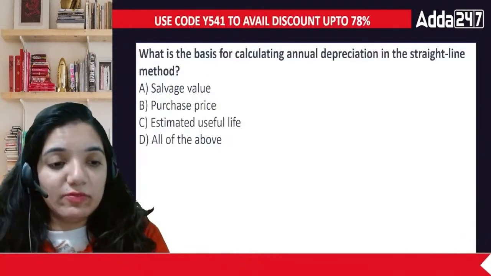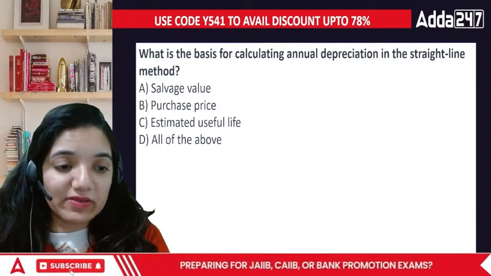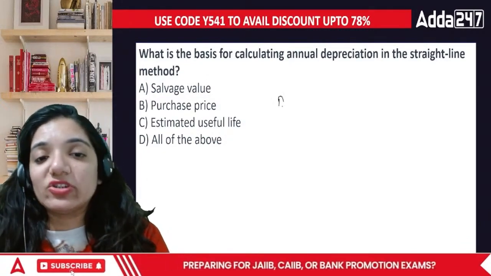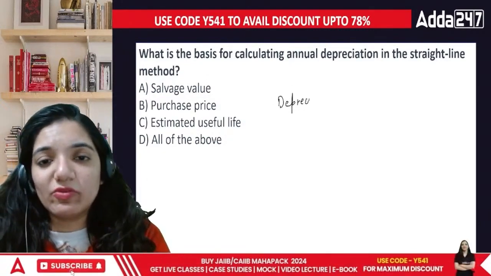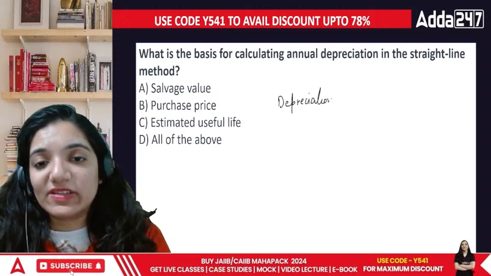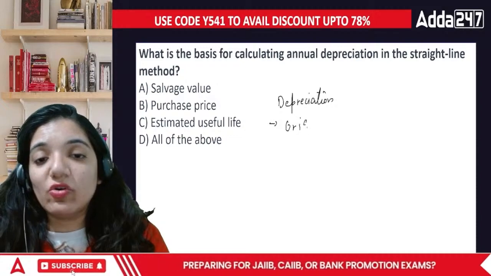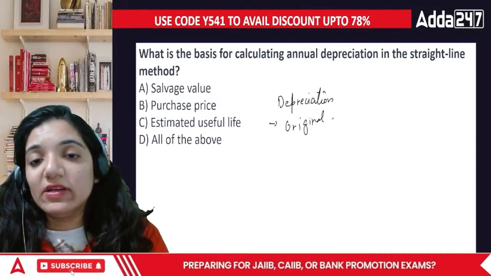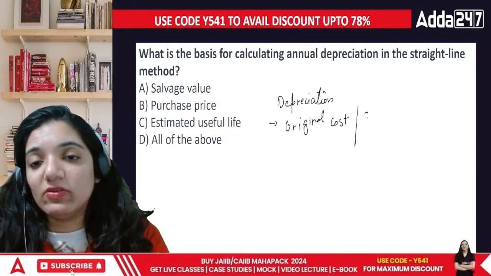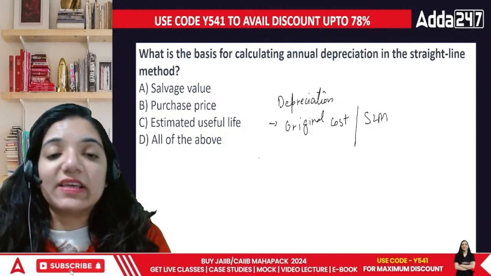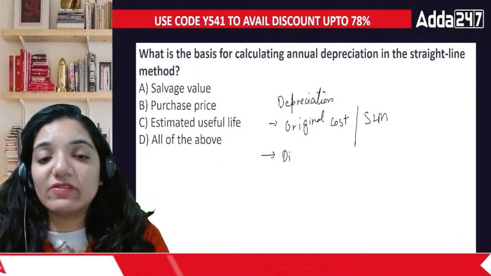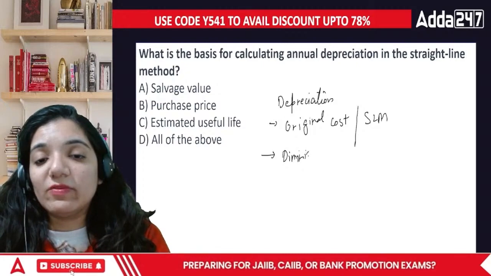Before I proceed further, do you know how many methods there are in terms of depreciation, the methods which are covered in your book only? That is all the portion that I'll be discussing. The number one method is original cost or SLM, the straight line method. The second method is called the diminishing value method or WDV method.